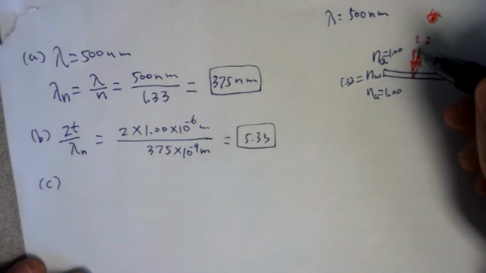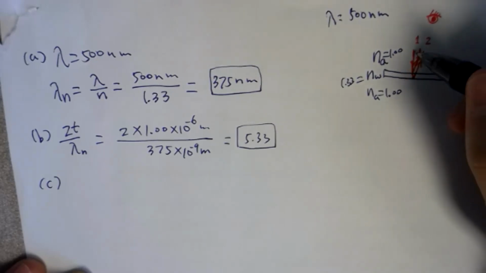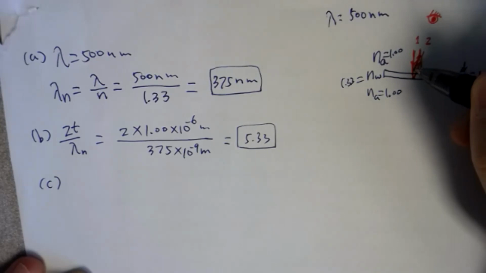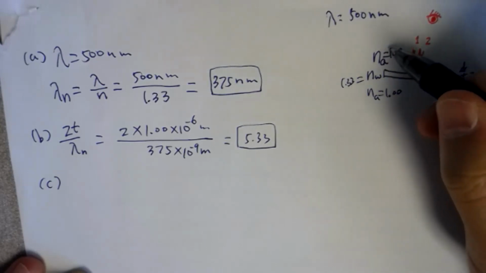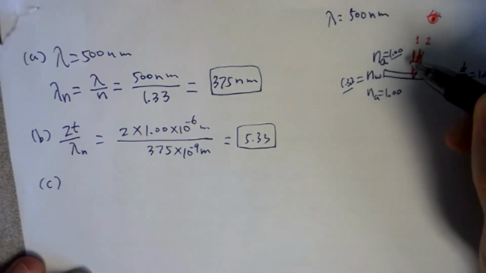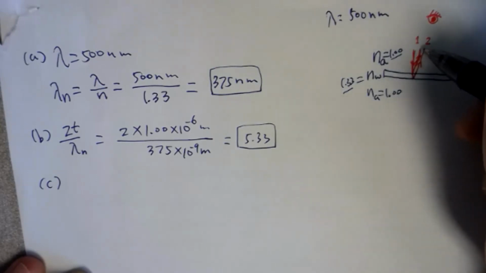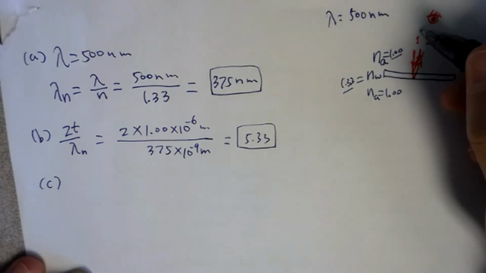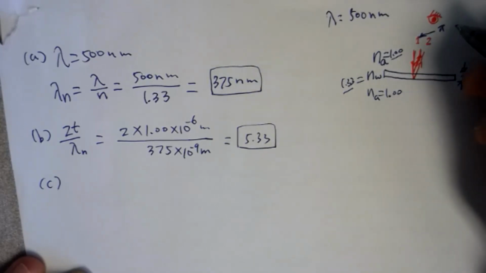For the wave striking the surface on one side, that's the first reflected ray. As you go from the thinner medium, 1.00, to a thicker medium, the reflected ray has a phase shift of pi. So for this one you get a pi phase difference, or 180 degrees.